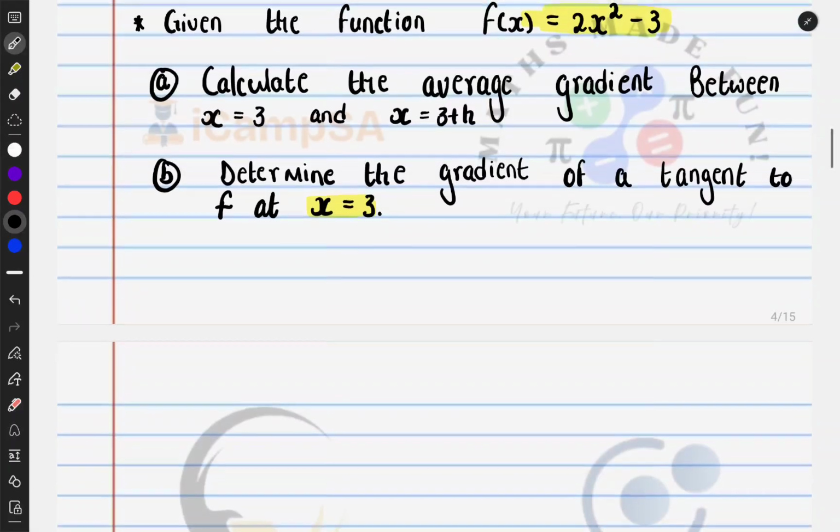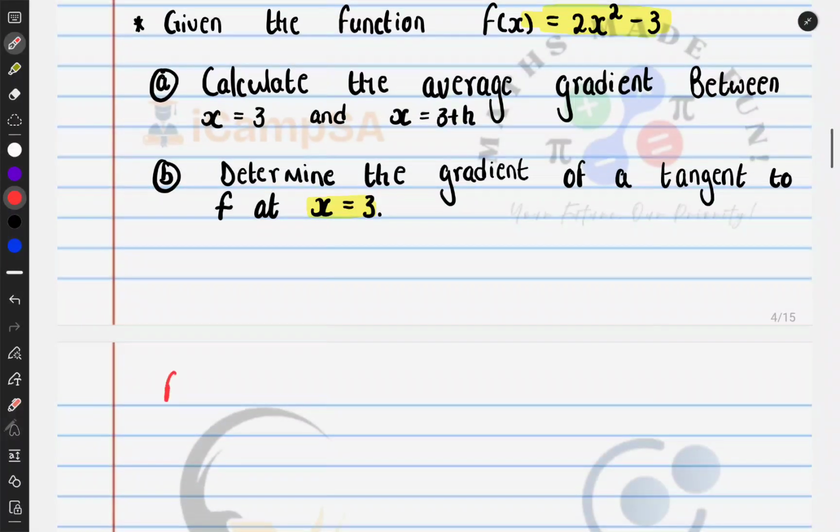So let's go ahead and calculate the corresponding y values. So f of 3 will be 2 times 3 squared minus 3. 3 squared is 9, times 2 is 18, minus 3 is 15.